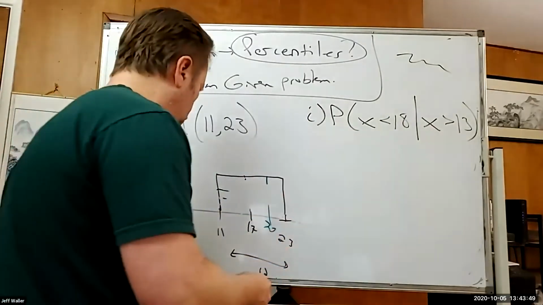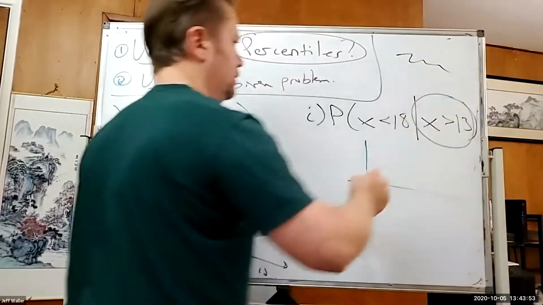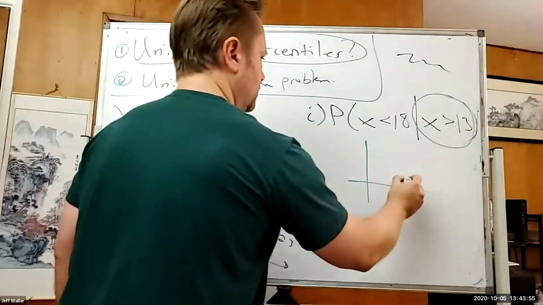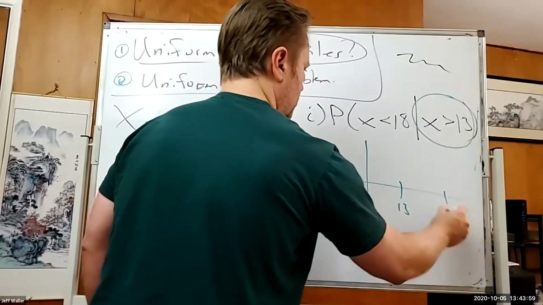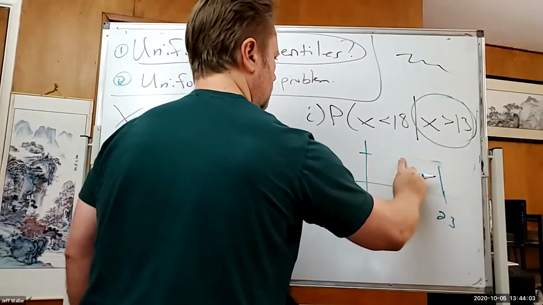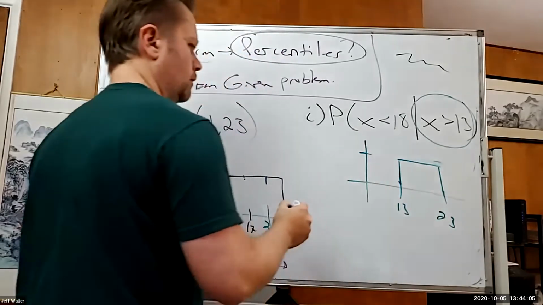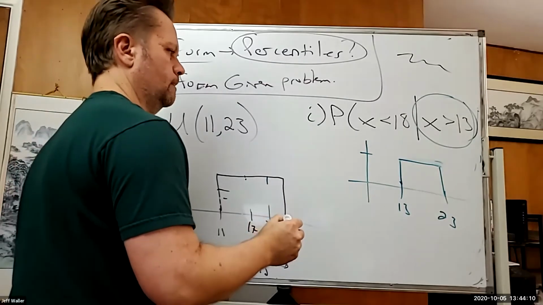So I can redraw the picture, because now this changes the situation. It doesn't start at 11, it starts at 13 and goes to 23 now. So how tall will it be now? 1/10. 1/10.